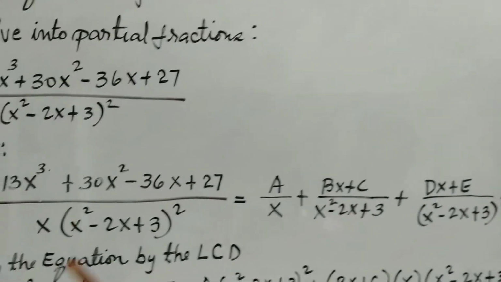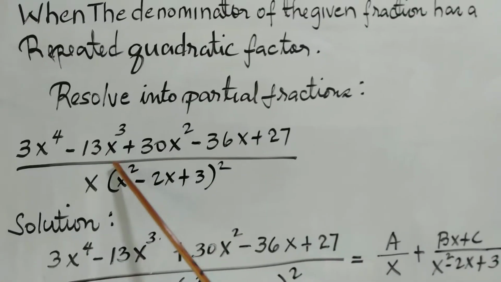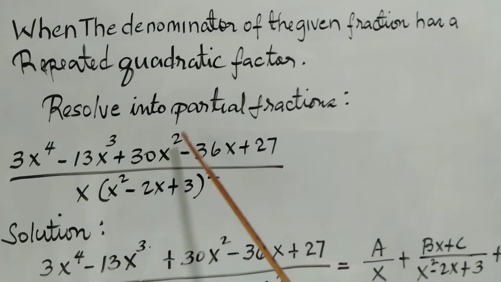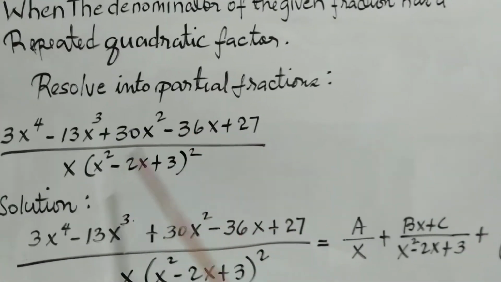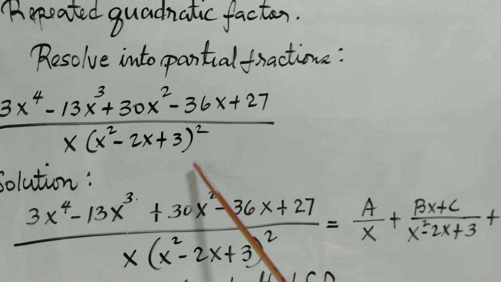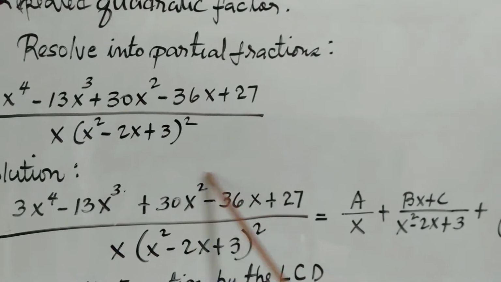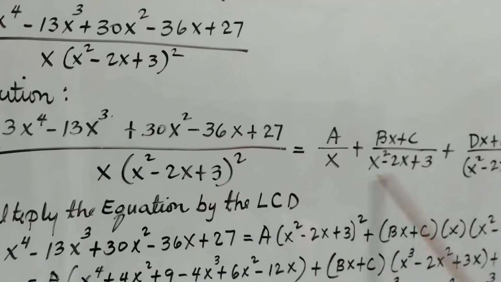So we have this fraction here: 3x to the fourth minus 13x cubed plus 30x squared minus 36x plus 27, and the denominator is x times quantity x squared minus 2x plus 3 quantity squared. So first, after writing this given fraction, we resolve it into partial fractions.